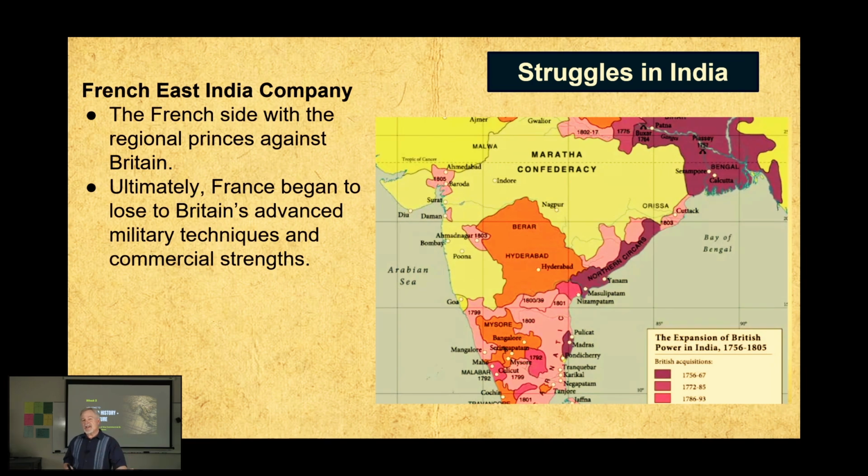He's kind of going to side with the princes that would like to oppose the British coming in and taking over. So the French are going to take their commercial revolution gains, their military gains, and they're going to start feeding and supporting the princes and the locals that want to push Britain out.